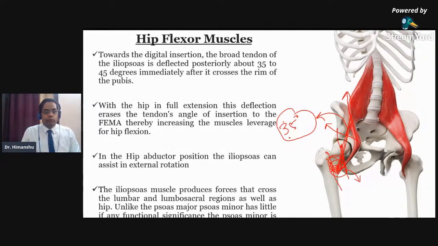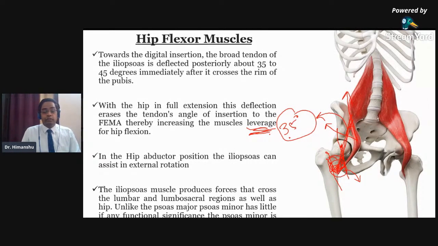With the hip in full extension, the deflection raises the tendon's angle of insertion to the femur, thereby increasing the muscle's leverage for hip flexion. That is what I was talking about; this is increasing the momentum for it. In the hip abducted position, the iliopsoas can assist in external rotation also. So it has a momentum for external rotation also in the transverse plane.